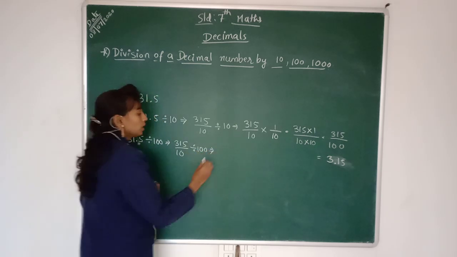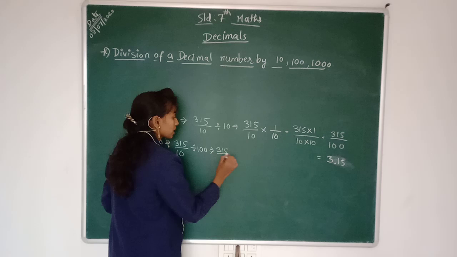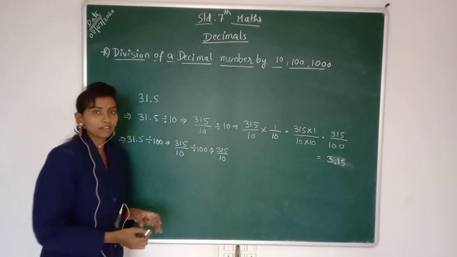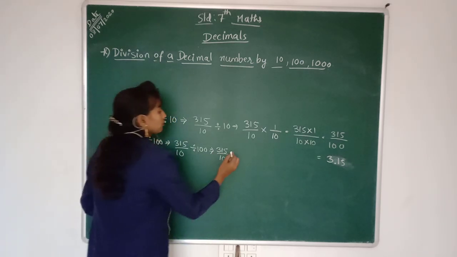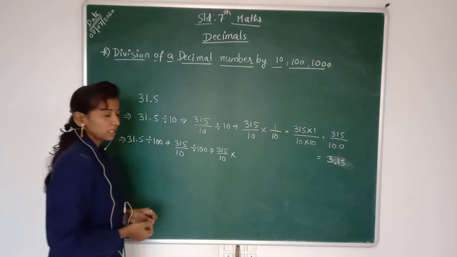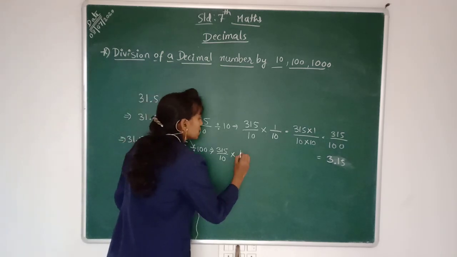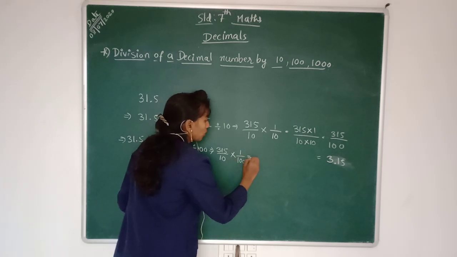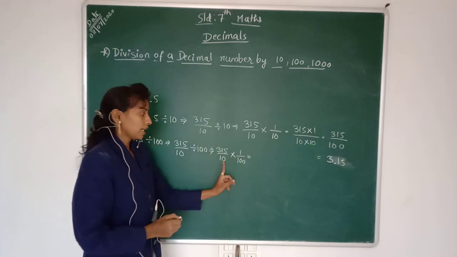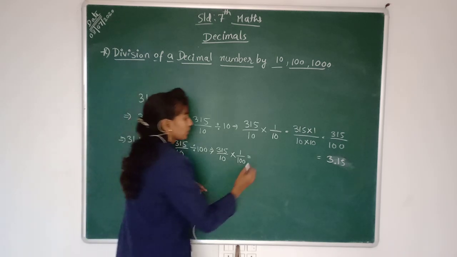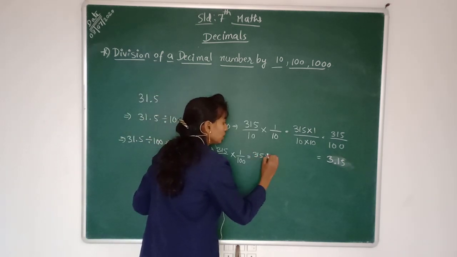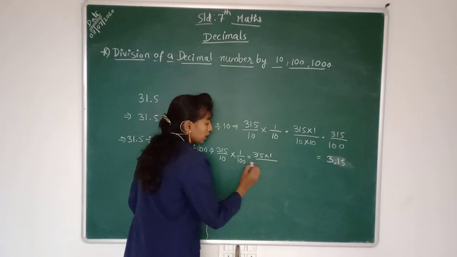In the next step we write the first fraction as it is, 315 divided by 10. The division sign becomes multiplication. The reciprocal of 100 you have to write here, that is 1 by 100. Now multiply numerator and denominator. That is 315 into 1 divided by 10 into 100.